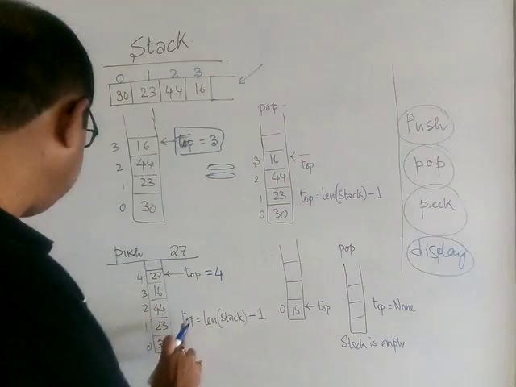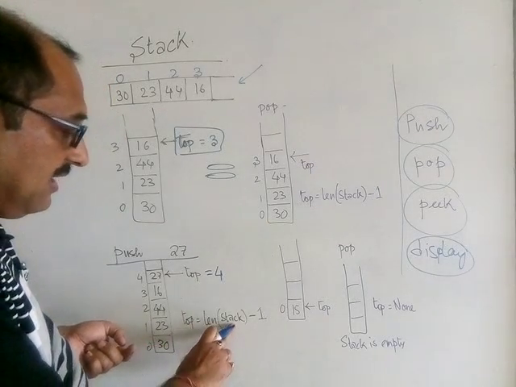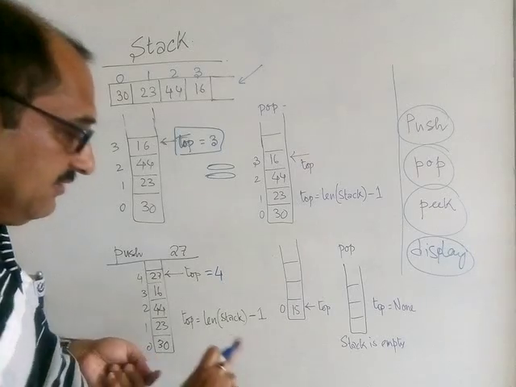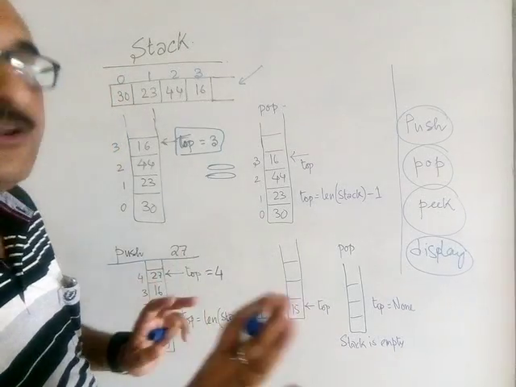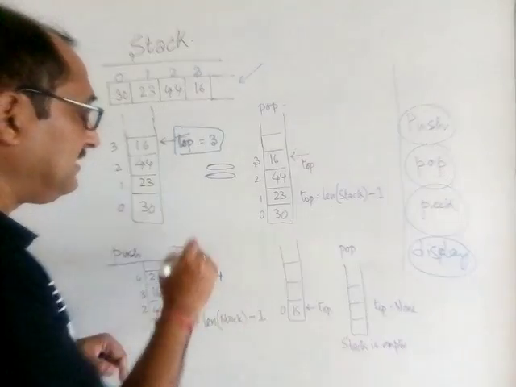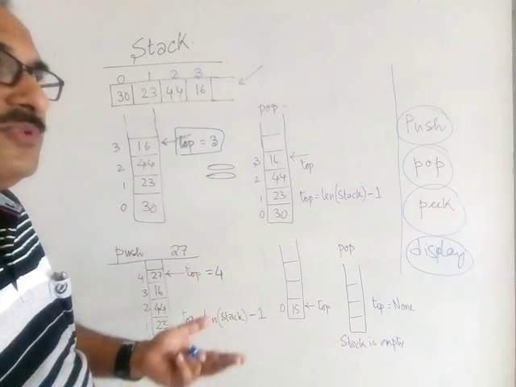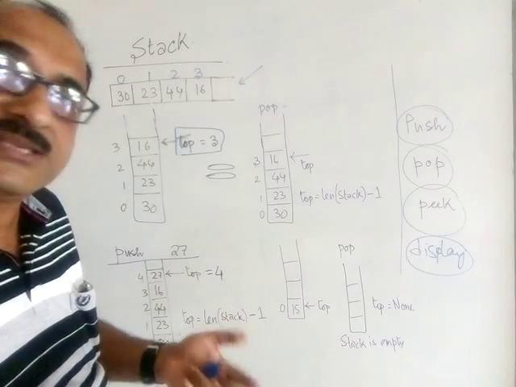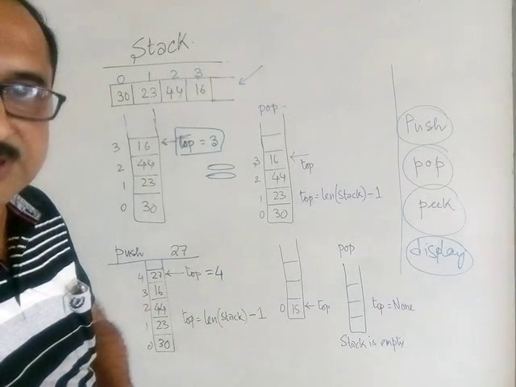Fine. Now look at this. How can I find out top? I can find out top very easily. After I do the insertion and deletion, if I take the length of the stack, imagine my list name is stack only. I name the list as stack. Right? Because stack is not a reserved word, so there is no problem. I can call my list a stack. I can in fact define an array name also as stack.